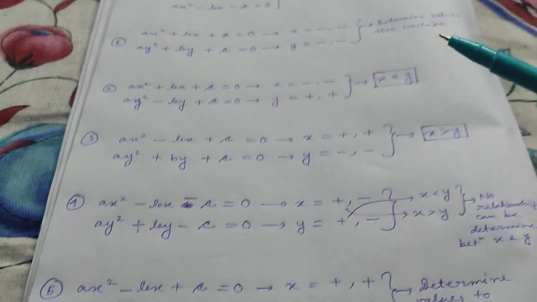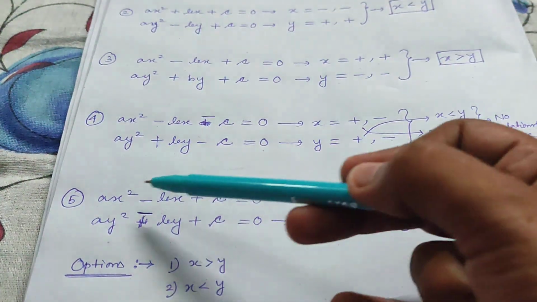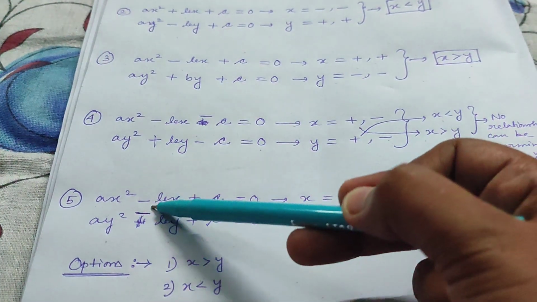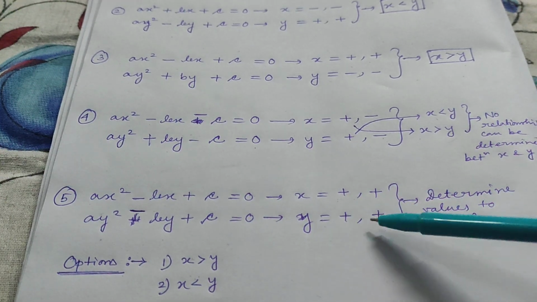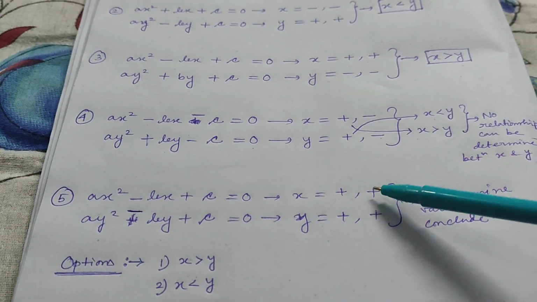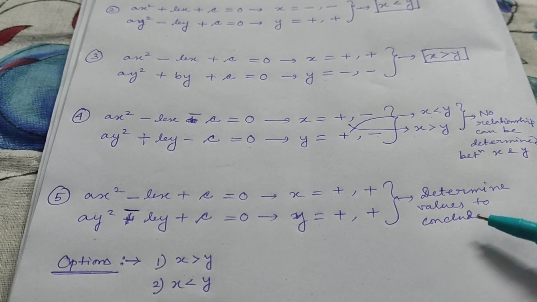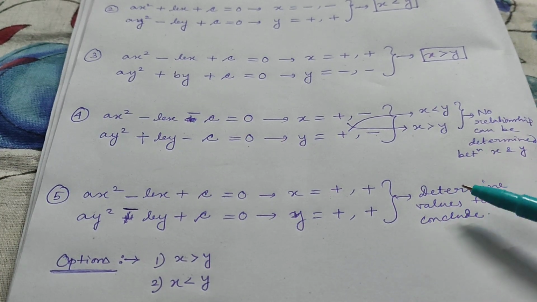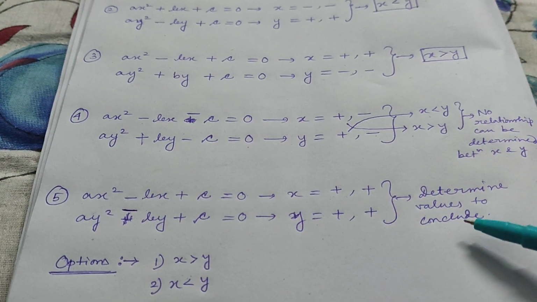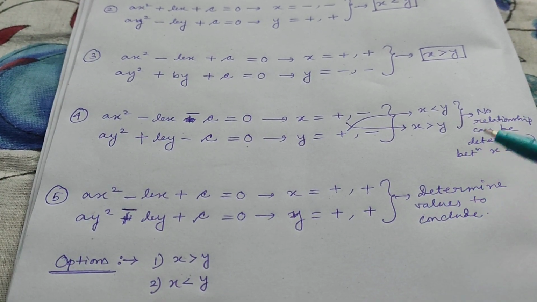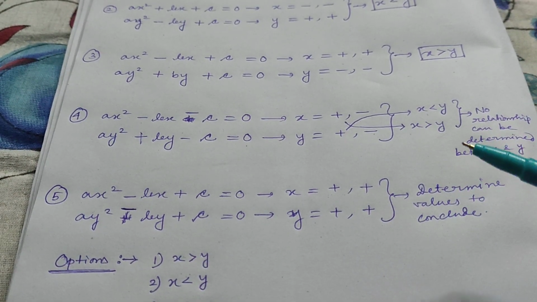Similarly, see the fifth equation, where both constants are positive and both middle terms are negative. When the middle terms are negative, x carries both positive values and y carries both positive values. Here also we cannot determine what is higher or lower than what. So we also need to determine the values of x and y, and only then can we say what is greater or less than what.